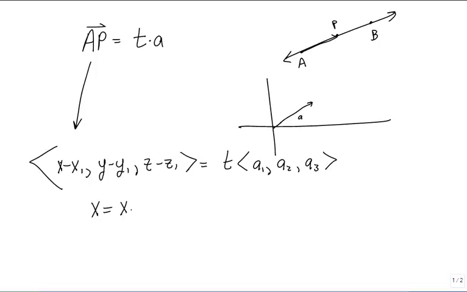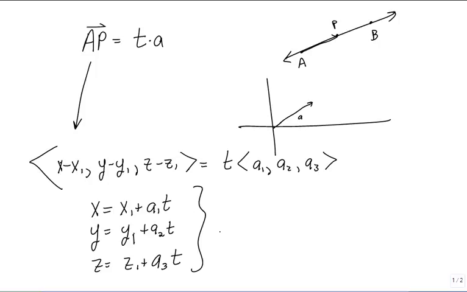We get x equals x1 plus a1t, y equals y1 plus a2t, and z is z1 plus a3t.